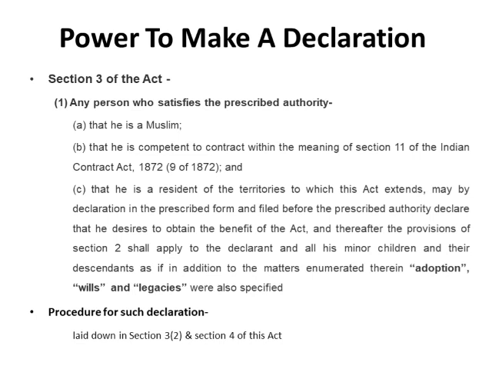So it may be noted that the effect of such a declaration is that not only the declarant himself or herself but also their children and all the descendants shall be governed by the Muslim law in these three additional subjects. So if there is no such declaration by a Muslim that they want to be governed by the Sharia law in these three matters, the courts are not bound to apply Muslim personal law on these matters. So they may freely apply customs and usages or the local enactments, if any.